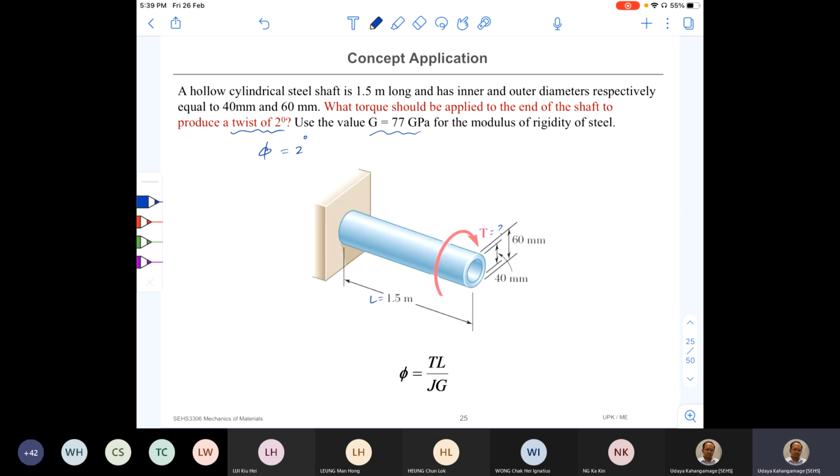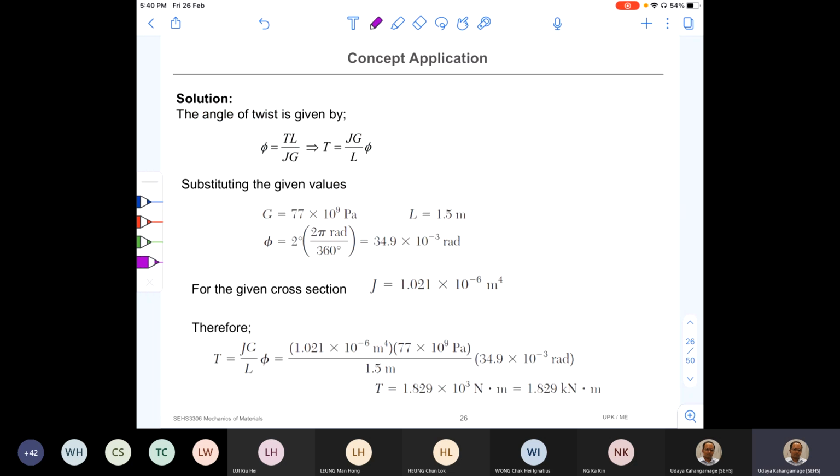So straight away we are going to use our angle of twist equation. The length is given, G is given. Since we know the cross-sectional geometric details, we can find out J. Phi is given, so then we can find out T. We don't know J directly, but we can find J first.